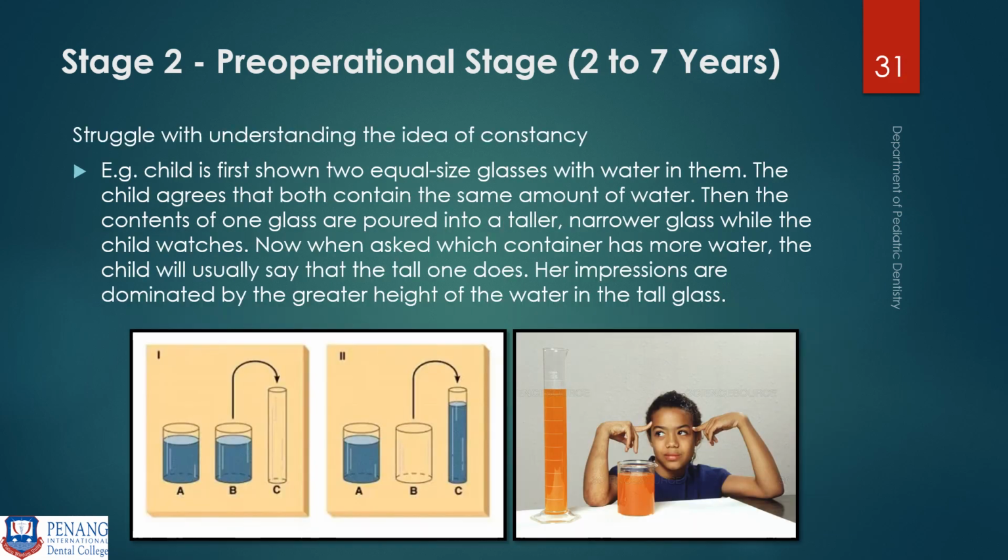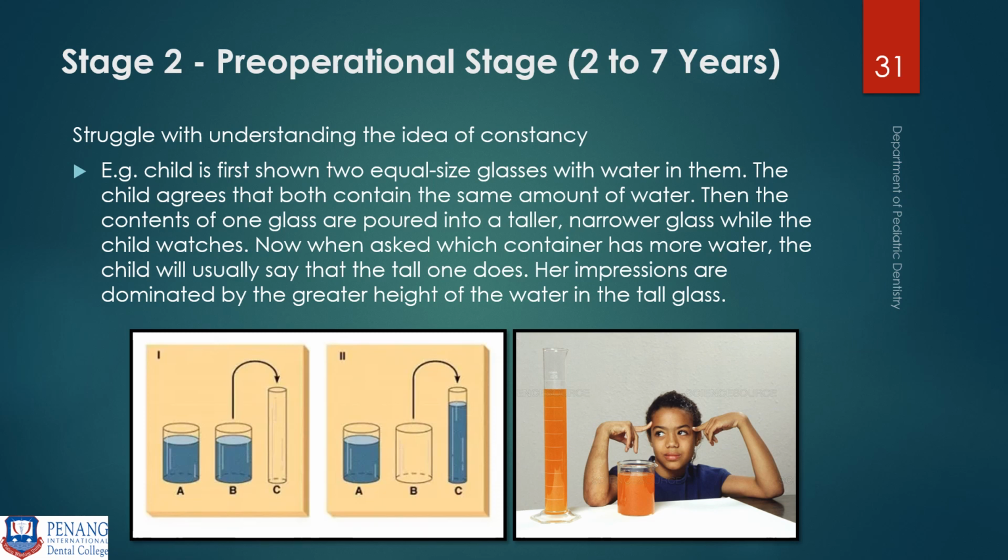Then they will have difficulty in understanding the idea of constancy. This experiment is done to see if the child has entered into the pre-operational stage or has gone past it. The child is first shown two equal-sized glasses with water in them, and the child agrees that both contain the same amount of water.